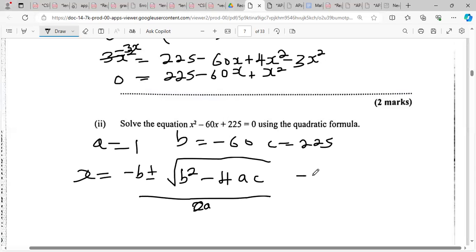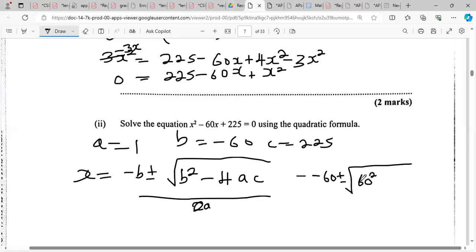So I could put things in perspective now. b is negative 60, so minus b is plus 60, plus or minus the square root of b squared, which is negative 60 squared, but it gets squared, so no matter.